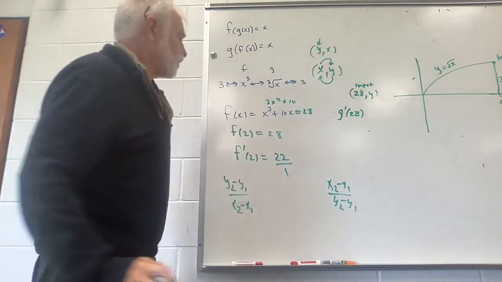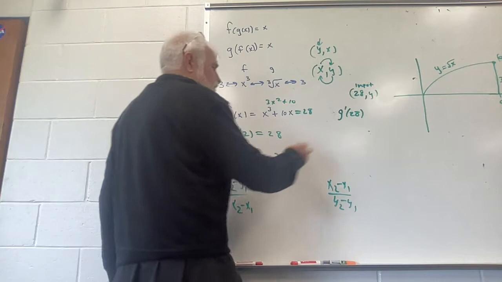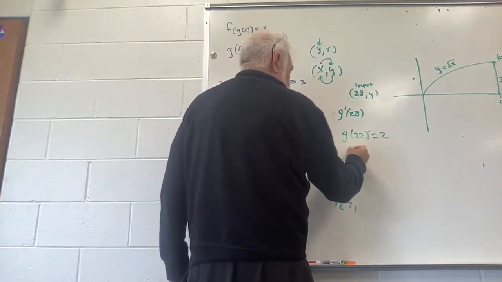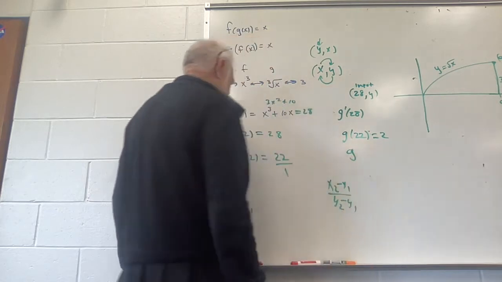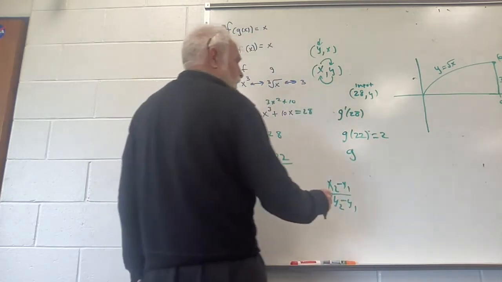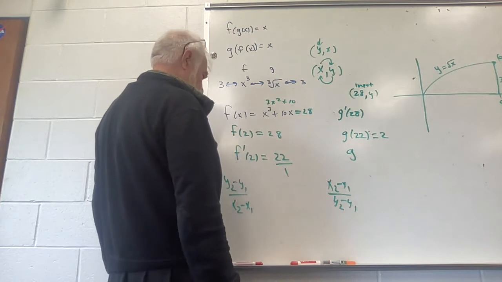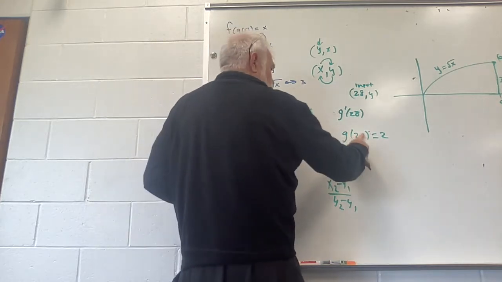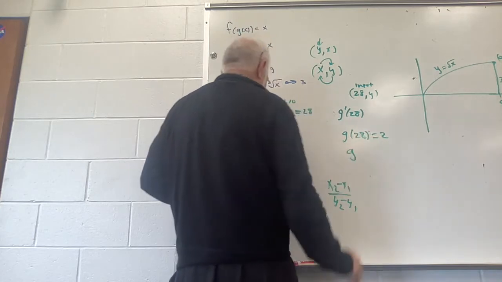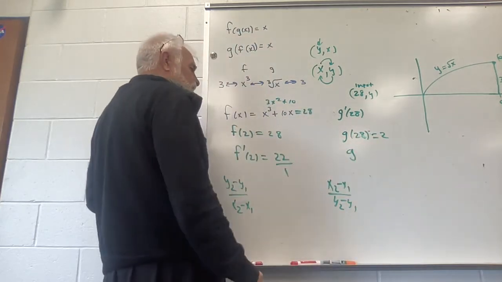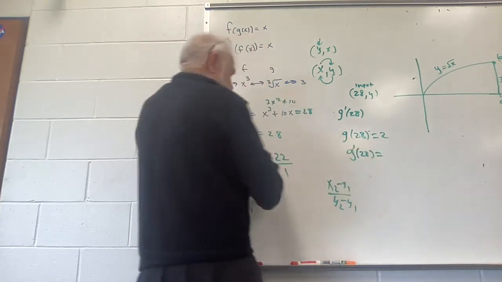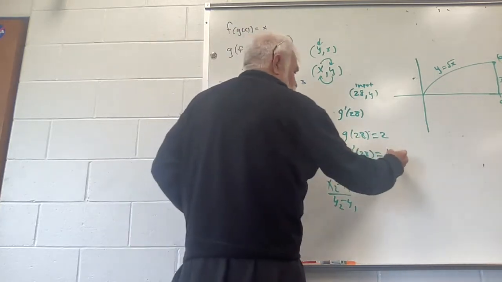So I now know that if a 2 gets me a 28, then over here a 28 gets me a 2. Okay, got mixed up there for a second. And so g prime of 28 is going to be the reciprocal relationship, 1 over 22.